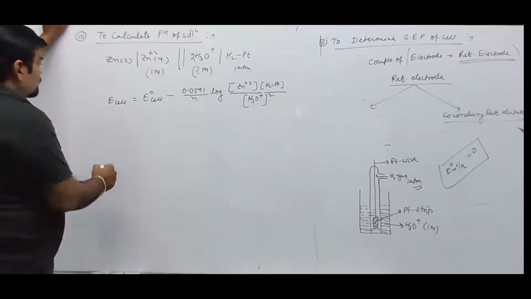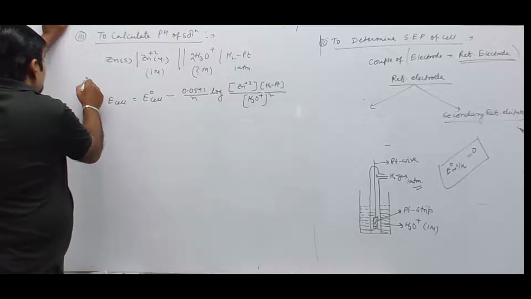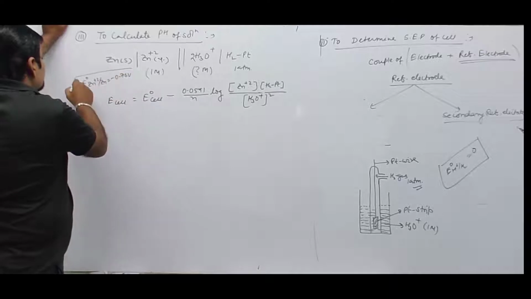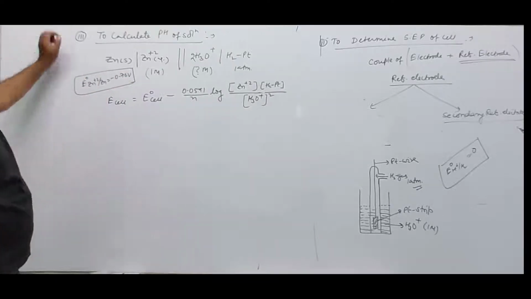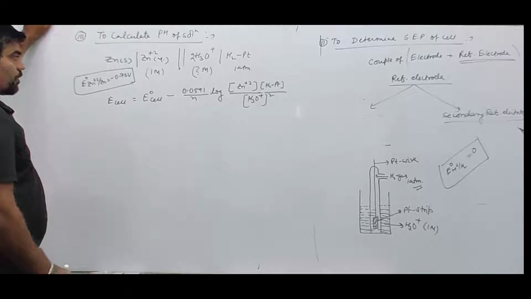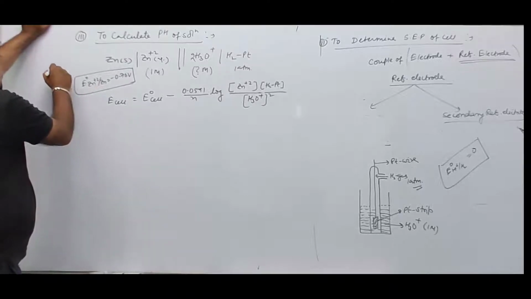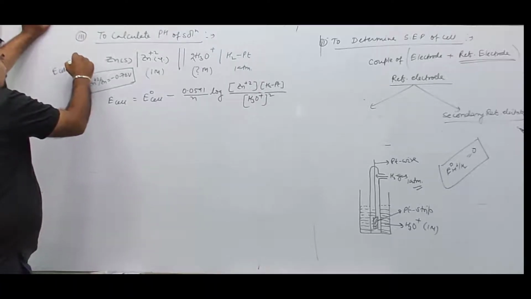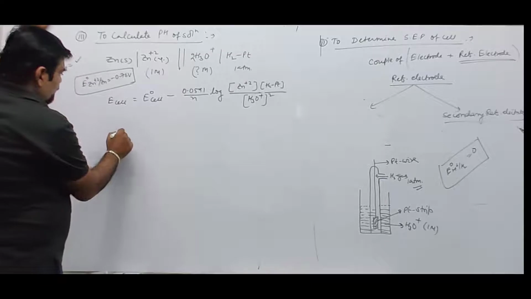E naught of Zn2+/Zn is given, minus 0.76 volt. E naught of cell is given, and EMF of cell is also a known value. It is given.